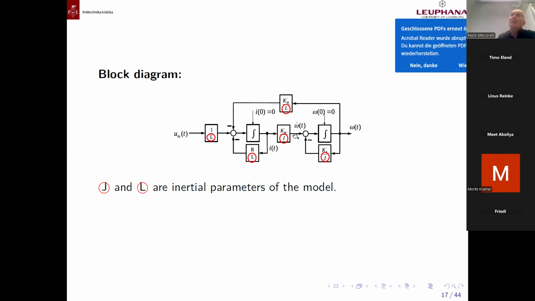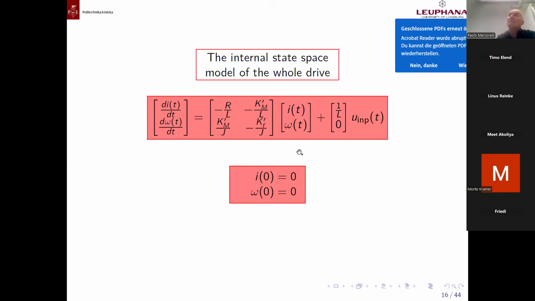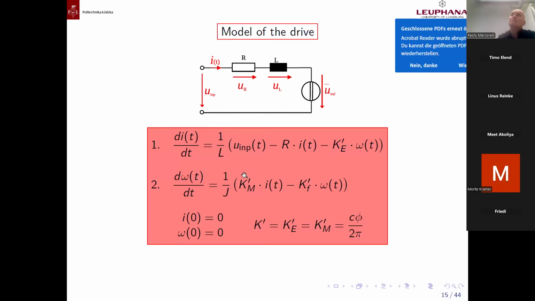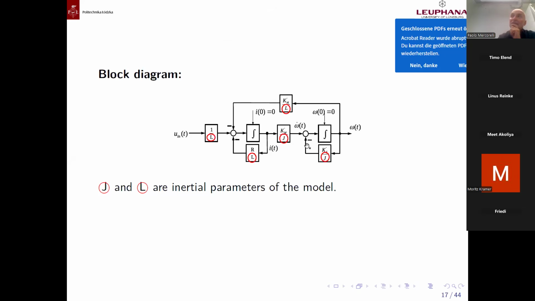Here, basically, if you think that this is the current, realize the multiplication of this signal by this constant here, which is the signal which we have here: Km apostrophe divided by J, multiply the current, minus Kf apostrophe multiply omega, which is here, no?